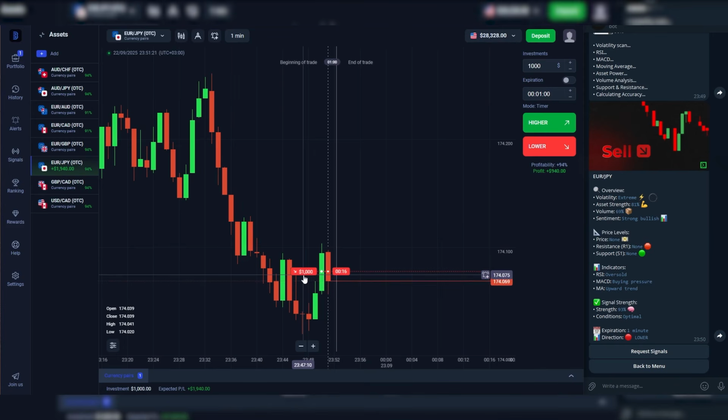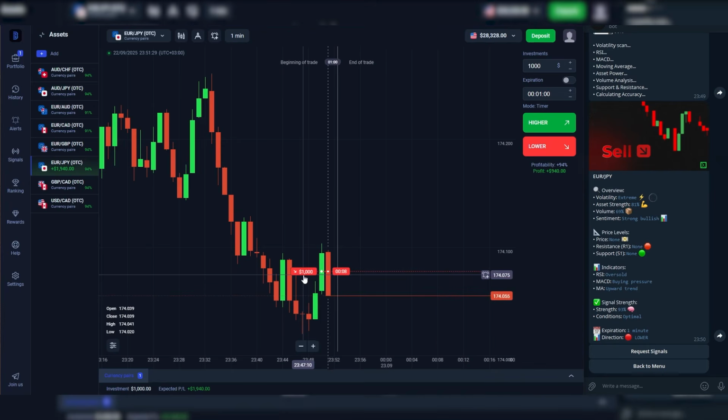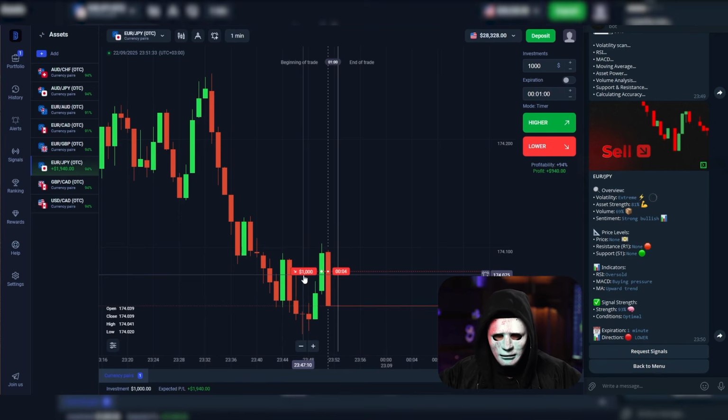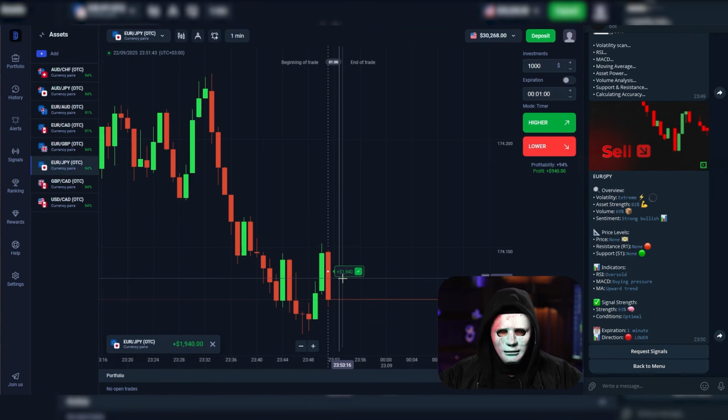We're already below our entry point. I think this result is going to be good. Just a few seconds left. 3, 2, 1. And we've locked in our profit. Awesome. Once again, it worked out perfectly.